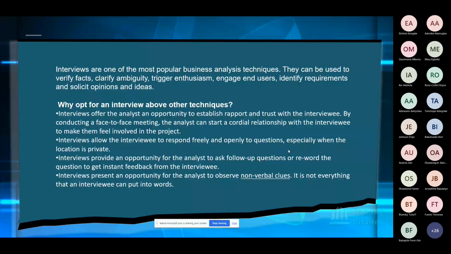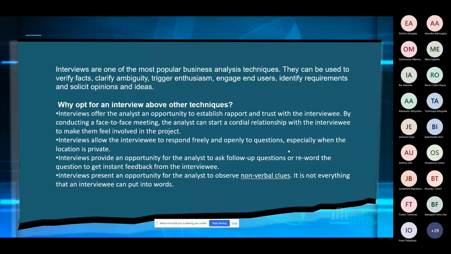Some background: the interview is one of the most popular business analysis techniques. It's used to verify facts, clarify ambiguity, trigger enthusiasm, engage end users, identify requirements, and solicit opinions and ideas. I know some of you have been to your PO trying to gather requirements.